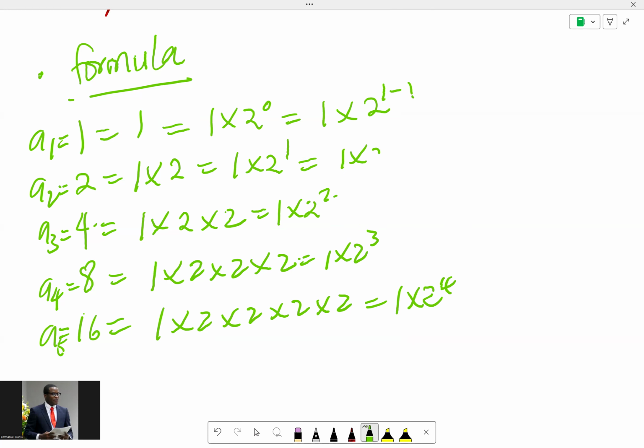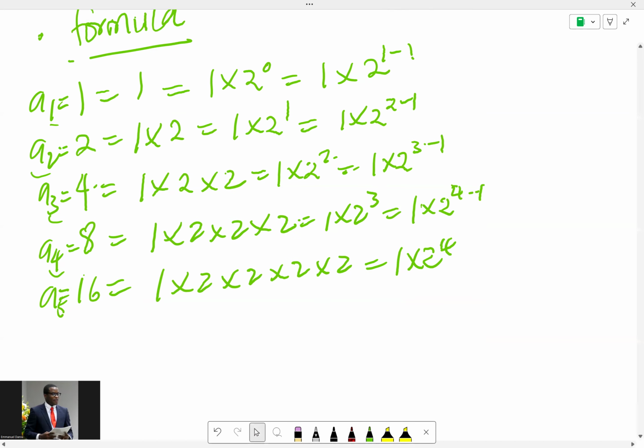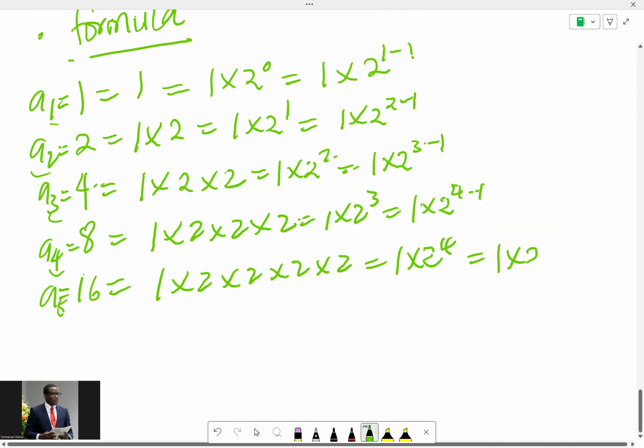So this is 1 times 2 raised to power 2 minus 1, this is 1 times 2 raised to power 3 minus 1, this is 1 times 2 raised to power 4 minus 1, and here you have 1 times 2 raised to power 5 minus 1. So what do we see?